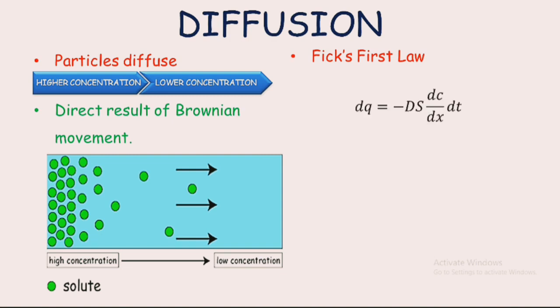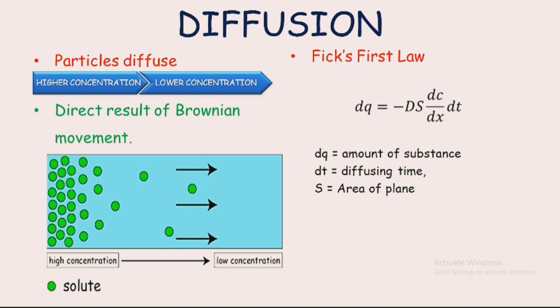According to Fick's first law, the amount dq of substance diffusing in time dt across a plane of area S is directly proportional to the change of concentration, dc, with distance travelled, dx. D is the diffusion coefficient, the amount of material diffusing per unit time across a unit area when dc over dx, called the concentration gradient, is unity, that is 1.